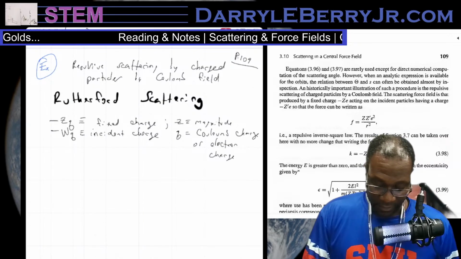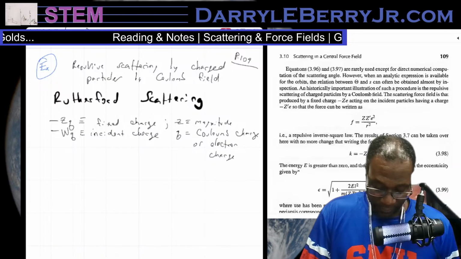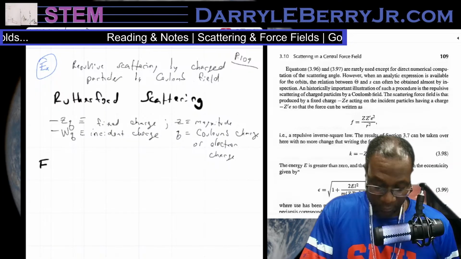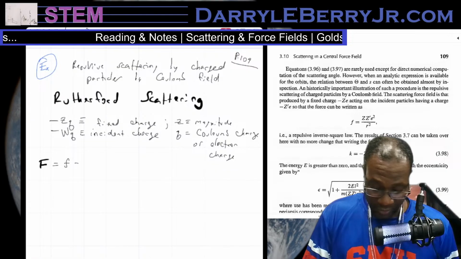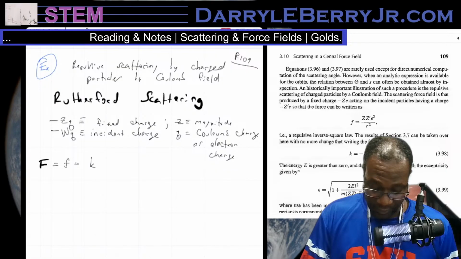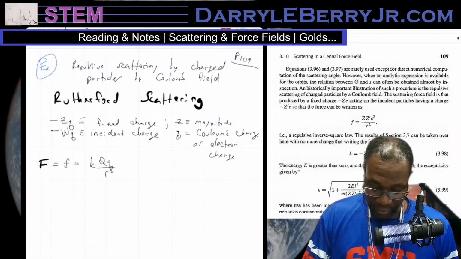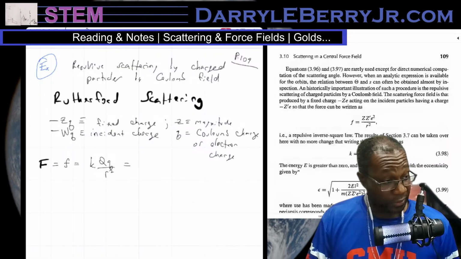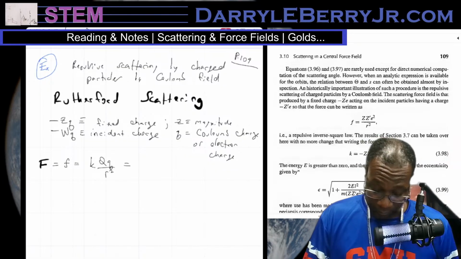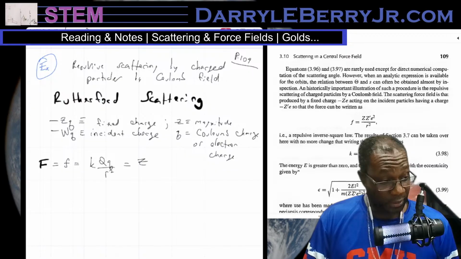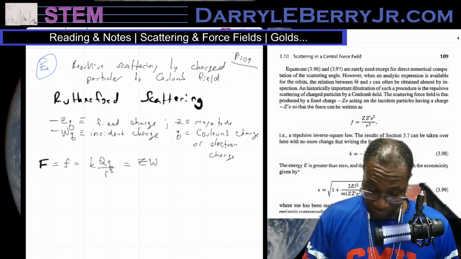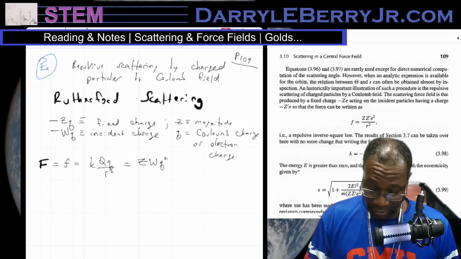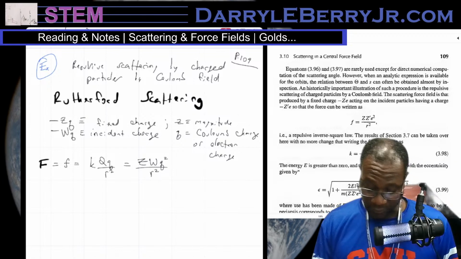All right, so we'll see how this works. So we know that the Coulomb force, which they're calling F equals K QQ over R squared, which we're now going to call VW Q squared over R squared.